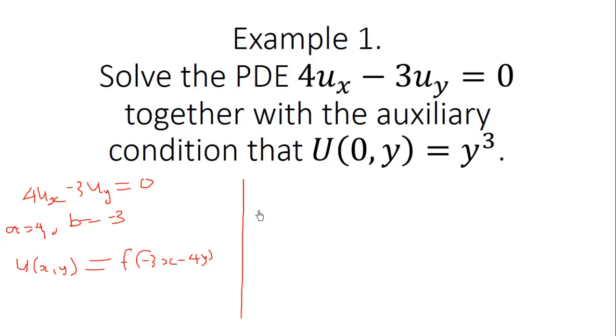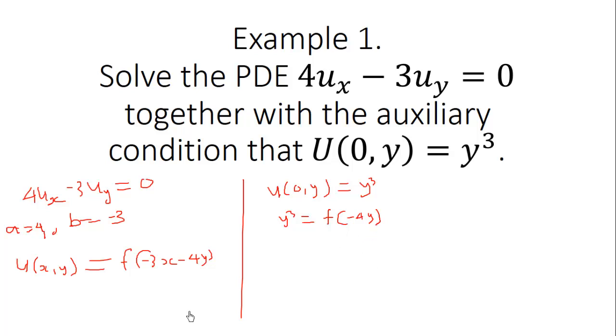Now applying the IC, we get u0 of y to be equal to y cubed. So we get our y cubed now to be equal to, wherever we see x, we put 0. So f of negative 4y.